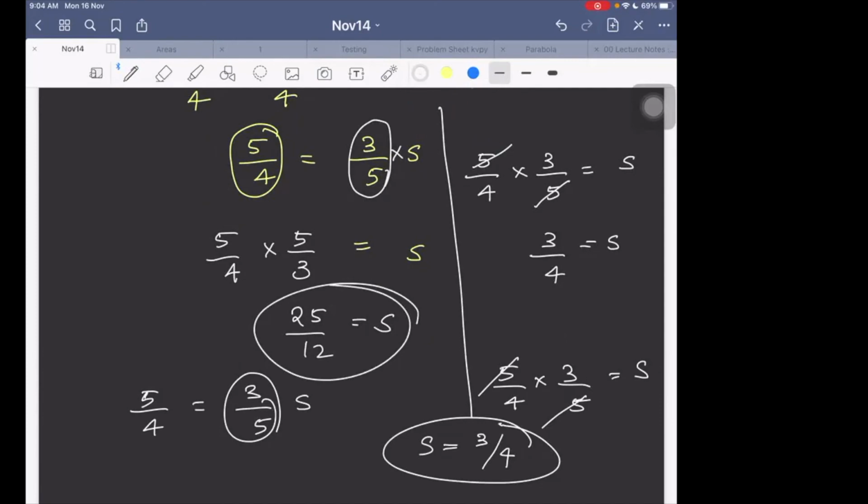So don't make such stupid mistakes, because even if you make the silliest mistake, your answer will be wrong, and that wrong answer would have come up in the options.